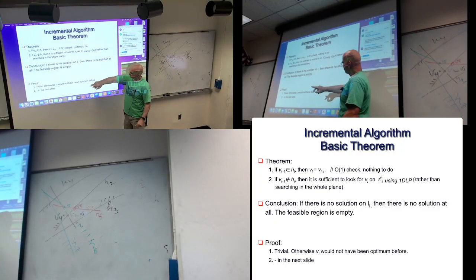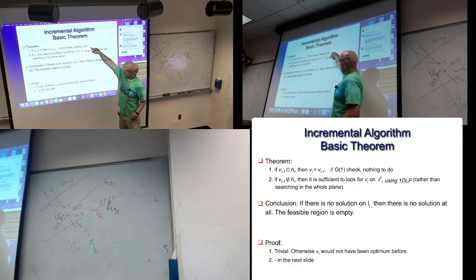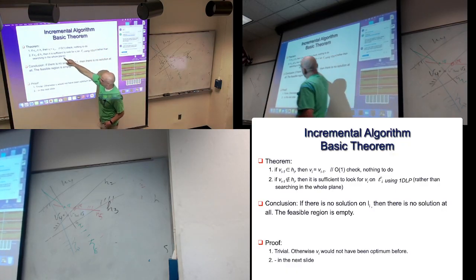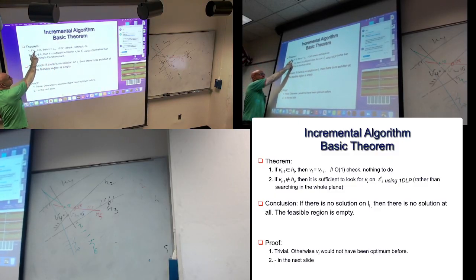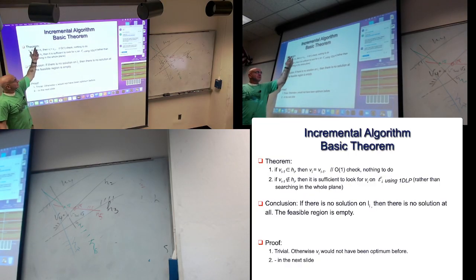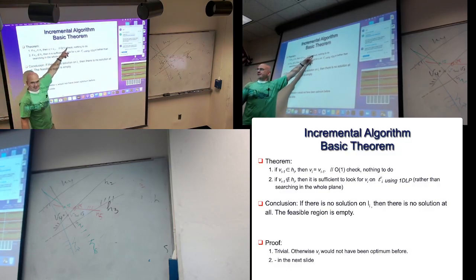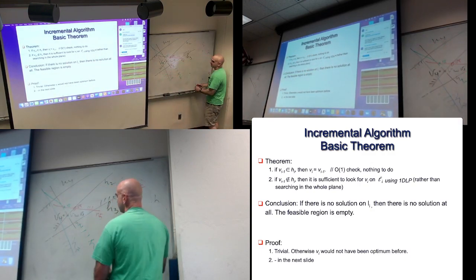So let's prove it. First part, this one is trivial, right? Clearly, if this was the previous optimal solution and it doesn't violate your new constraint, it agrees with the new constraint, then it's still the optimal solution. How long does it take to check it? Well, I can represent a half plane in many ways.